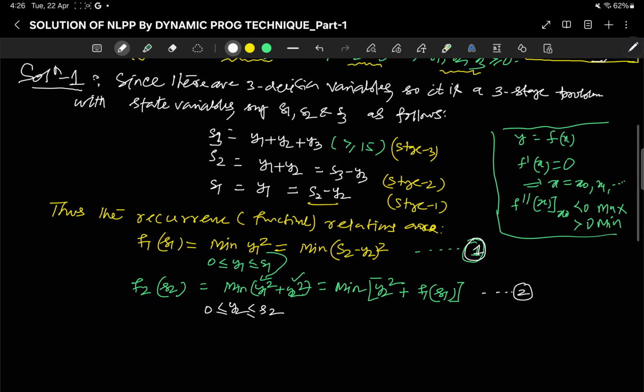Then we write f3(s3), which is the minimization of y3 square plus y1 square plus y2 square.